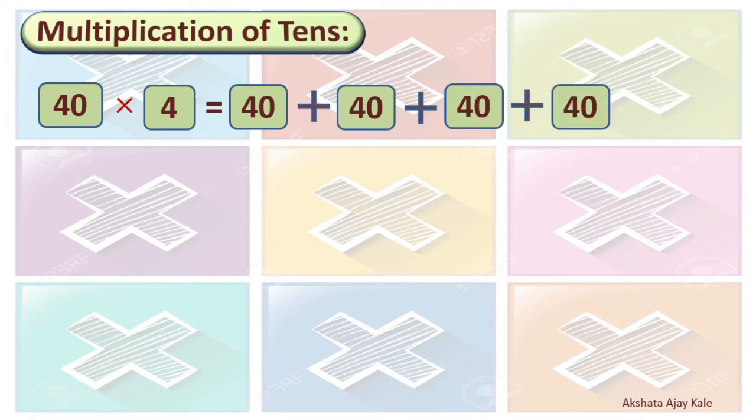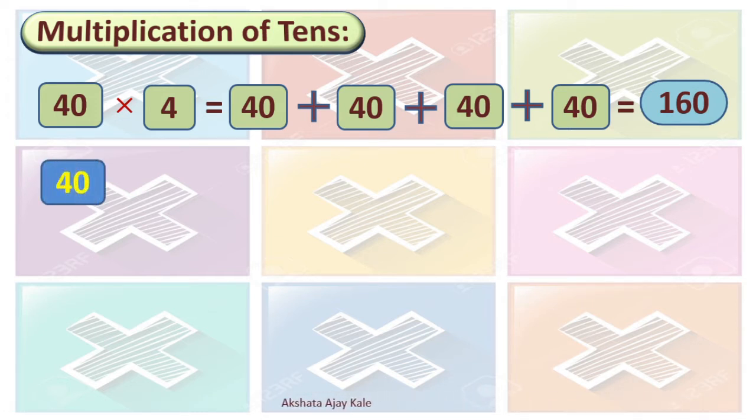I have added 40 four times: 1 time, 2 times, 3 times and 4 times. Now what is the answer? You know this because you are experts in addition. So that is 160, isn't it? When we add 40 four times we get 160 as the answer.